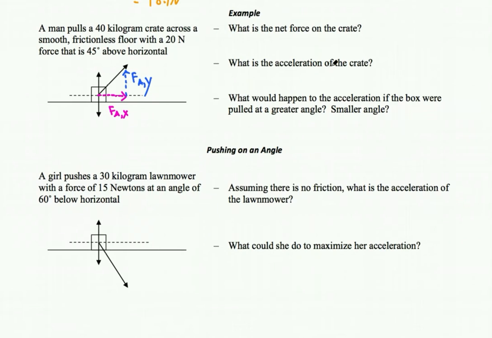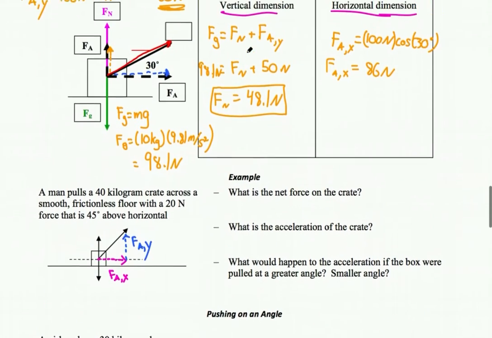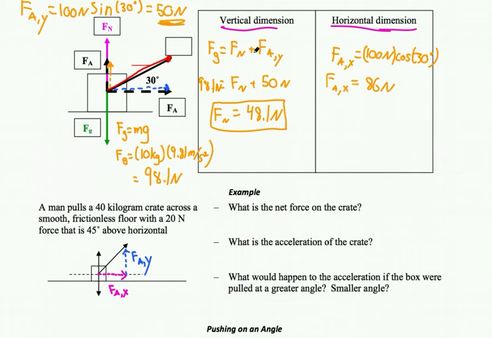And in this one and the last one, you may be thinking to yourself, we ended up having a force here overall that we said was in the vertical dimension, but we know that if we're talking about forces, we said that if there's a net force, then there's an acceleration in that direction. But obviously the crate is still sitting on the ground, so what's going on here really?